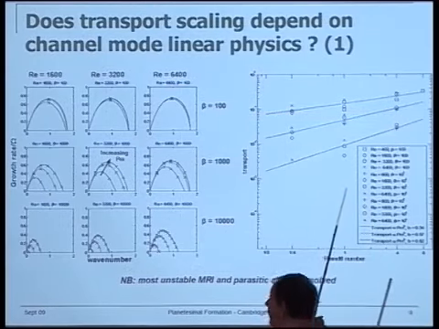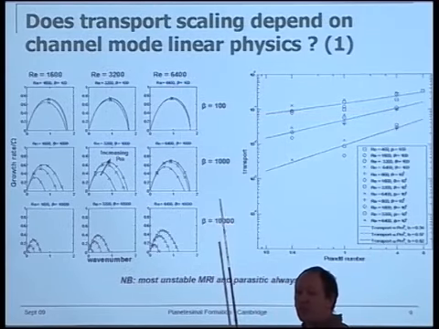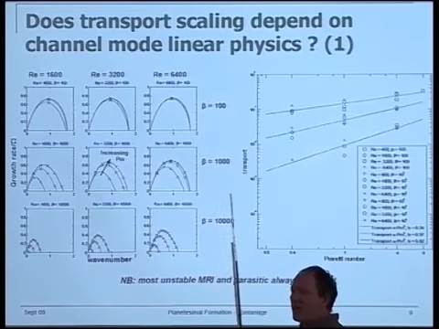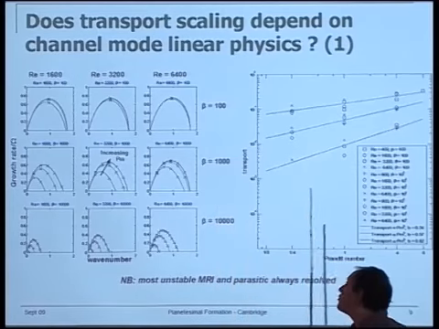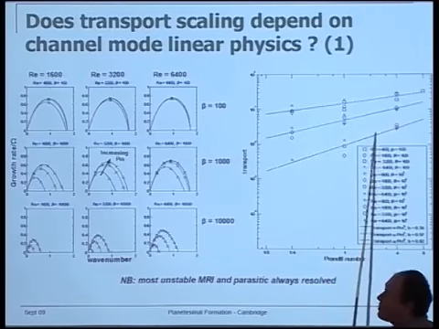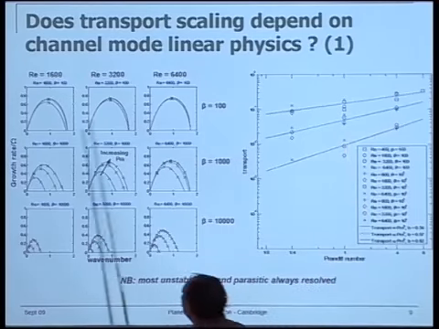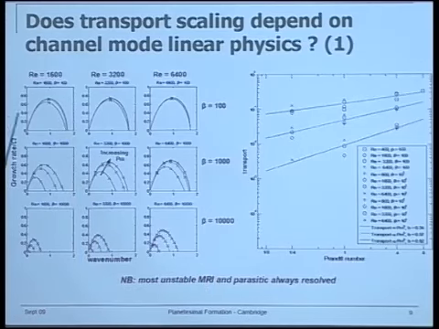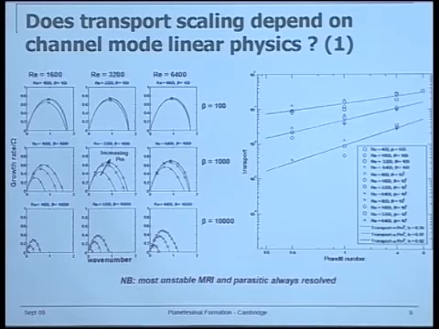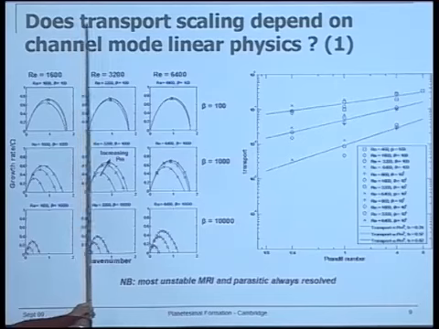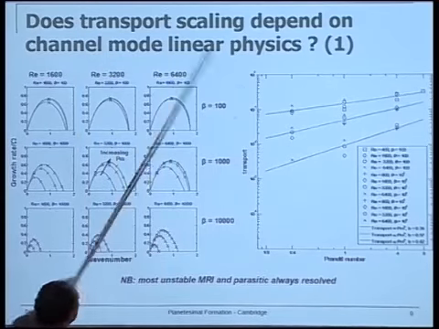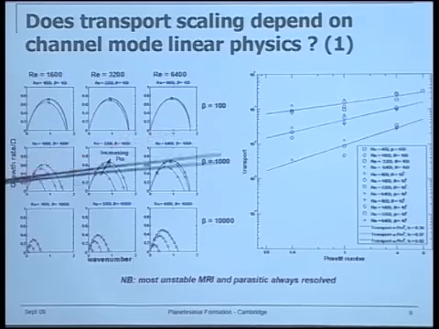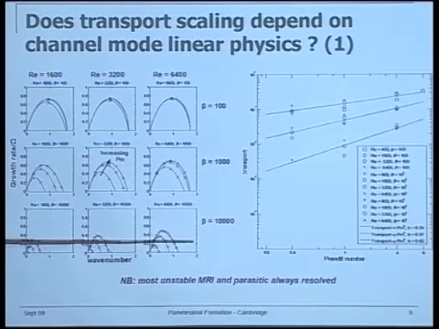Okay, there is a lot of information there, so I'm going to break it up in various pieces soon. But first, what's there? It's the same thing here. What's shown here is a composite plot of the growth rates. So here is Reynolds number. Here is field strength, decreasing field strength.